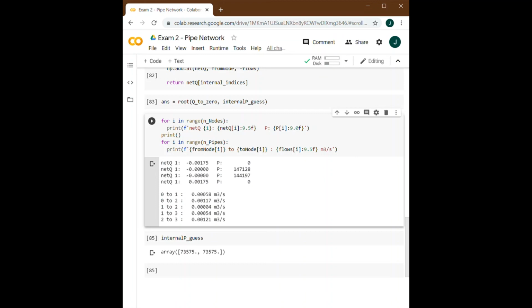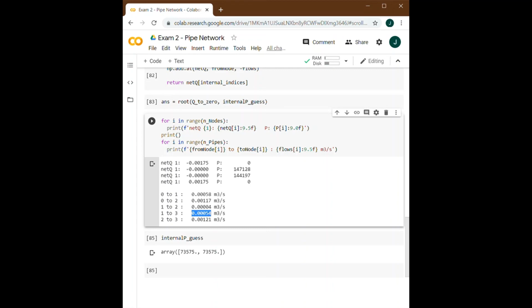Because if we look at this, we just guessed on the height of node 0 and the K value of pipe 1, 3. And we're trying to solve for an exit flow rate of 0.5 liters per second. From node 1 to 3, which we wanted as 5 times 10 to the negative fourth meters cubed per second, you can see here we have 5 times 10 to the negative fourth meters cubed per second.